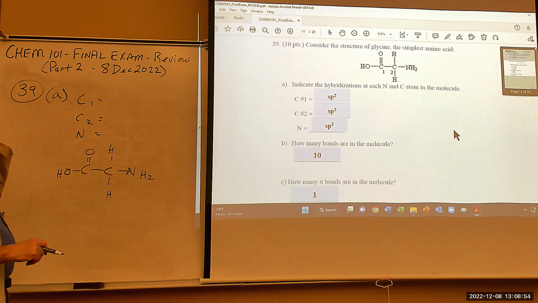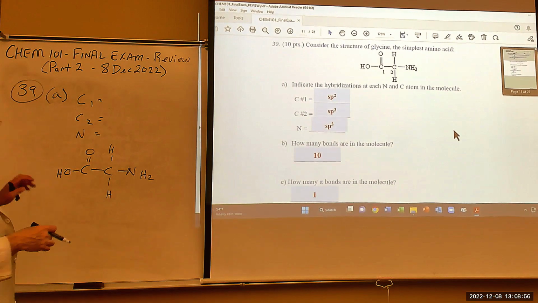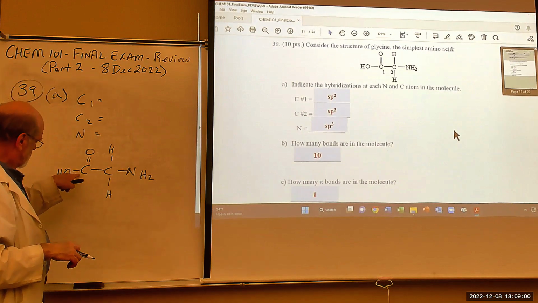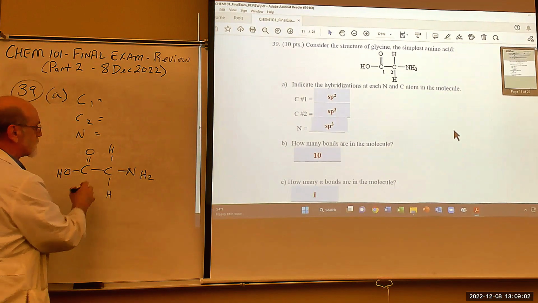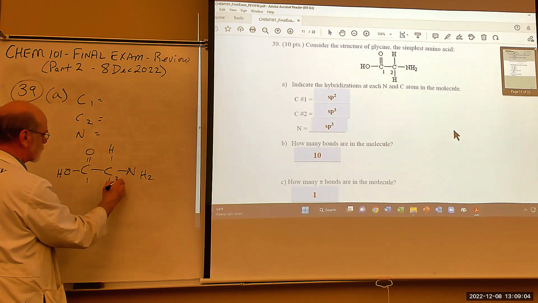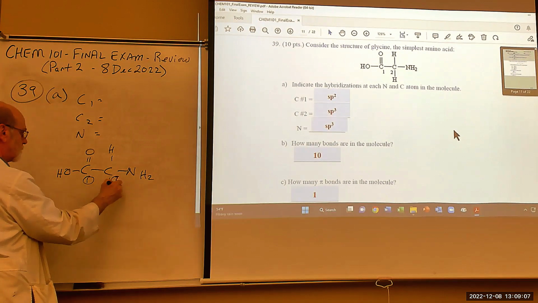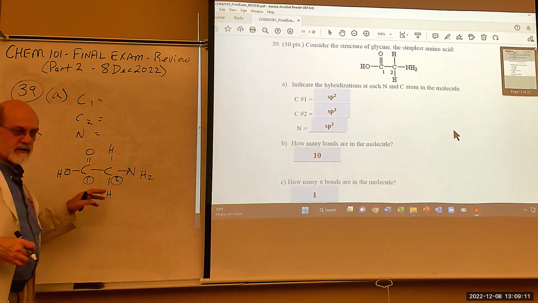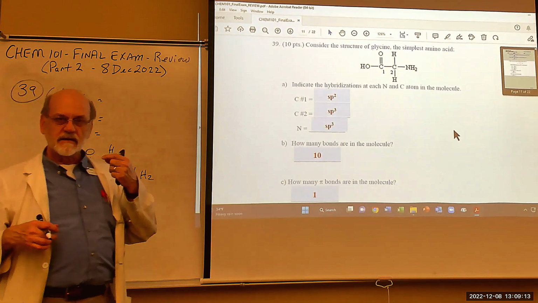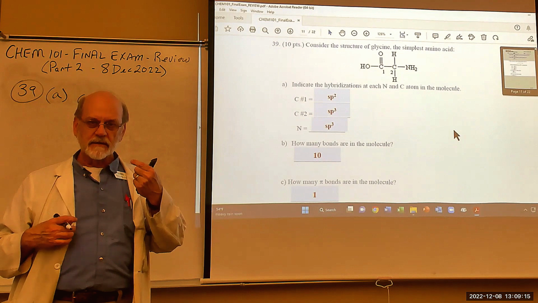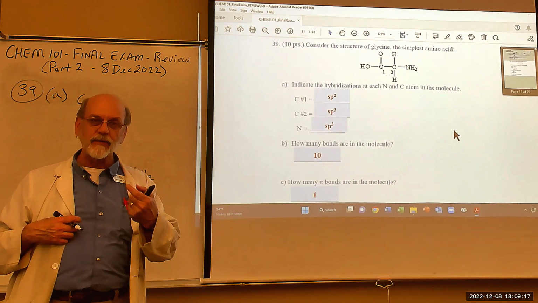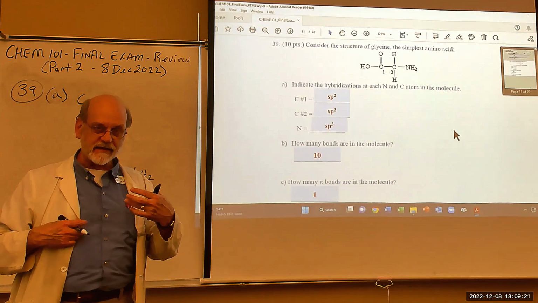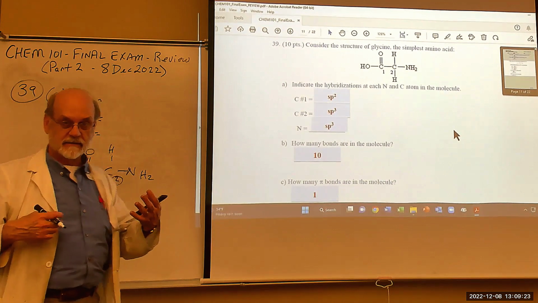Okay. So this is carbon 1, this is carbon 2, and there's your nitrogen. Okay, so remember, hybridization needs the same number of equivalent hybrid orbitals as you have groups in your VSEPR format.